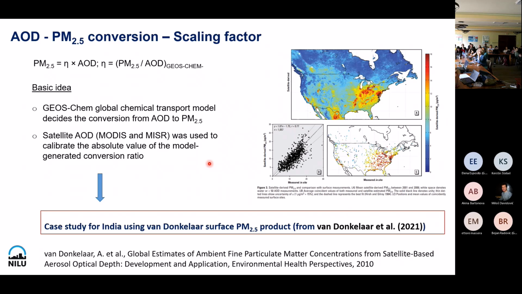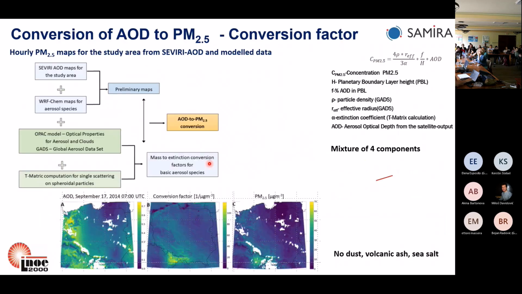And just to finish this part up, this was a study we did a few years ago, together with the Institute for Optoelectronics from Bucharest, and they used a full physical model with all the aerosol properties and really calculated the conversion factor.